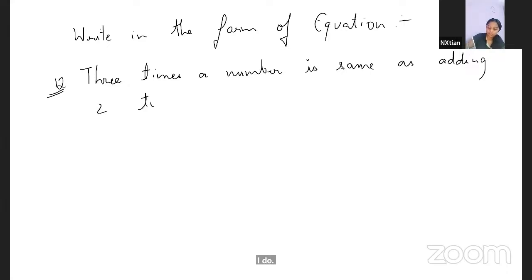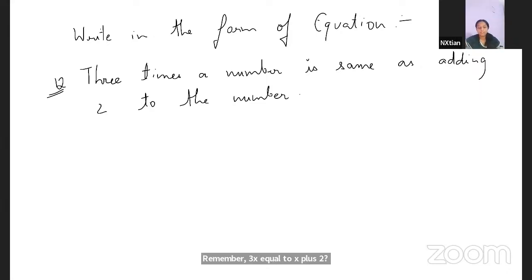Ma'am, is it 3x equal to x plus 2? Yes, that's right. And x is equal to 1. x equals 1. Yes, you're correct.